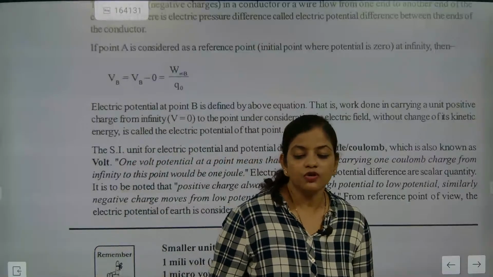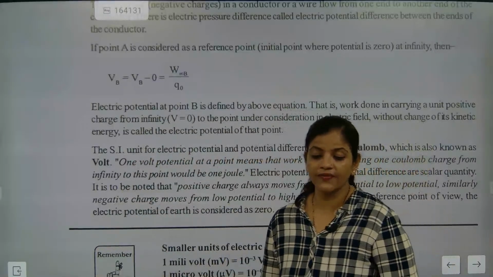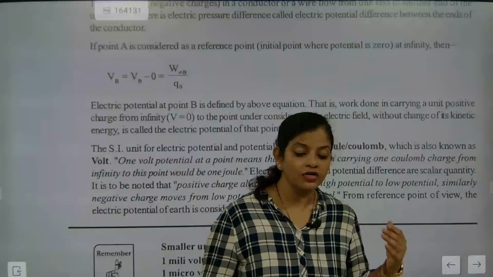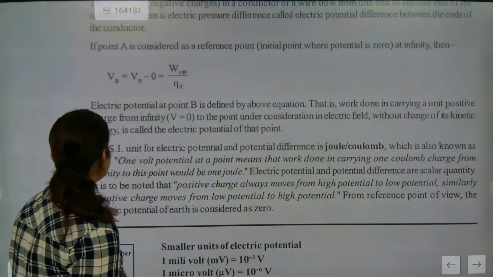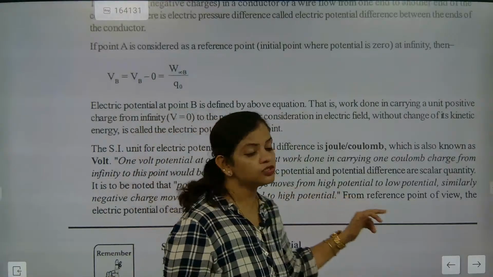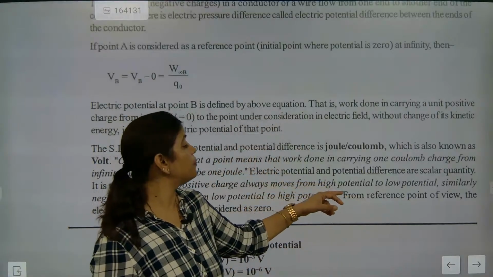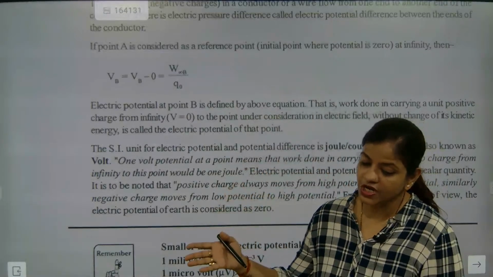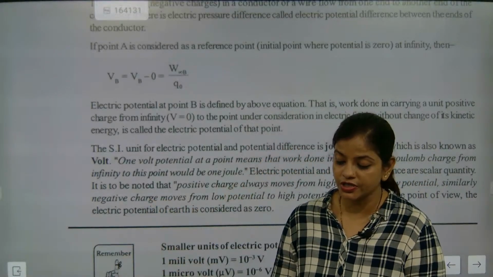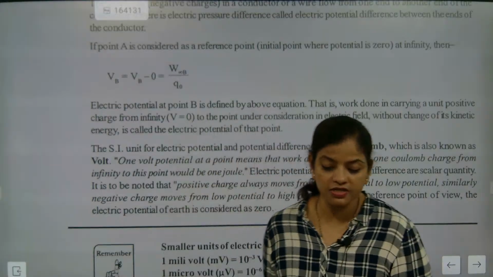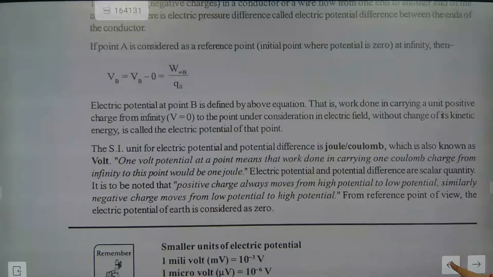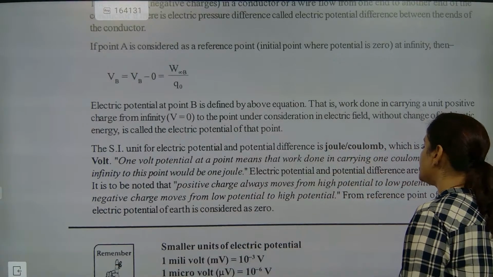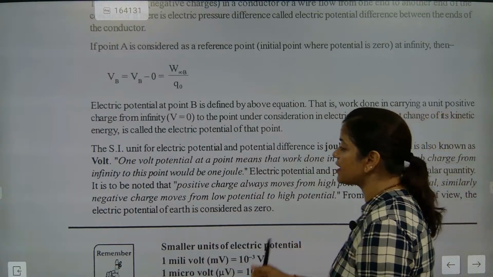If somebody asks you the direction of flow of charges, always remember that positive charges flow from higher potential to lower potential. Similarly, negative charges move from lower potential to higher potential. So this is exactly the concept.